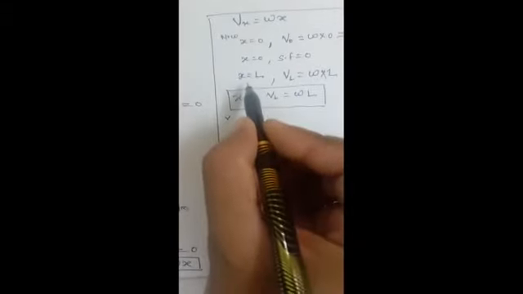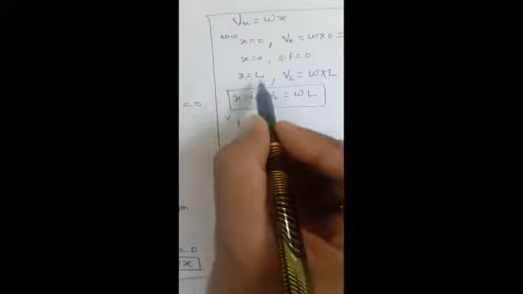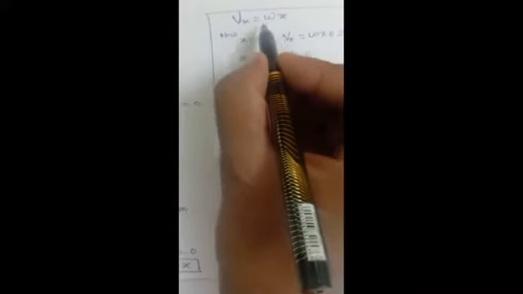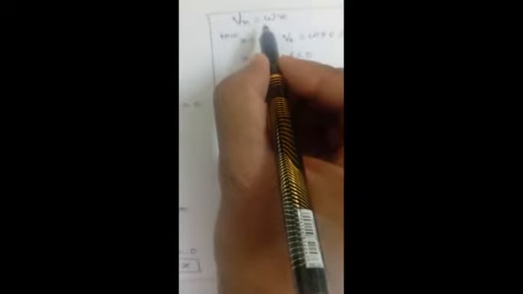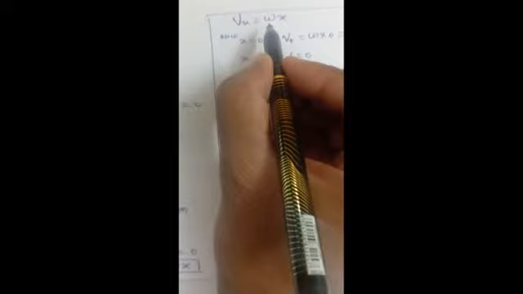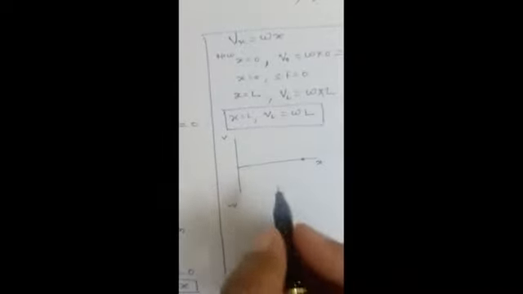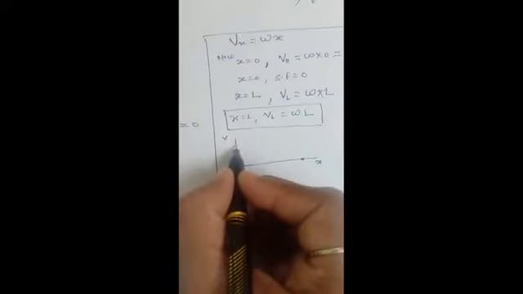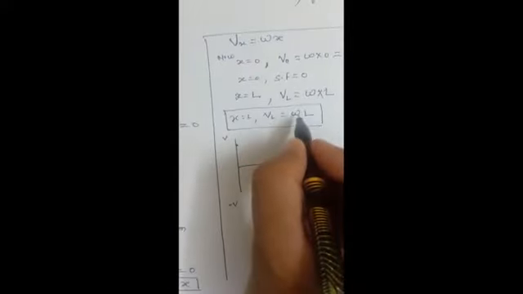Then slowly if you move towards point B, the intensity is constant throughout the beam up to B. So here we take X equal to L. If you put L in Vx equals Wx, it will be W into L. So just before B it will be WL, a positive value which increases.